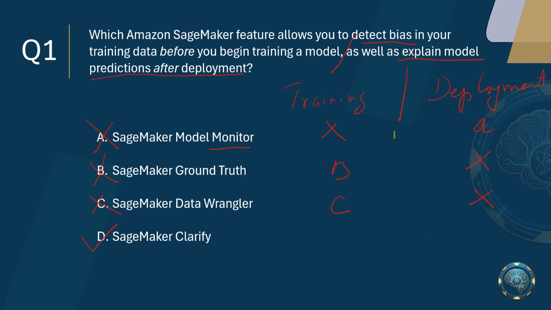Clarify does two critical activities. One is bias, the other one is explainability. You can see that in the question. With this, option D is the right answer.